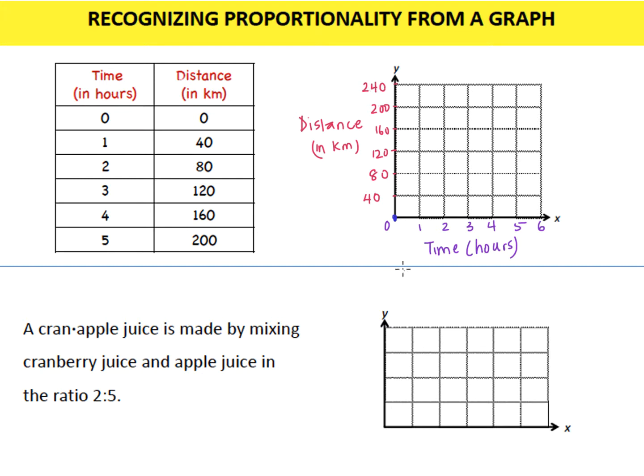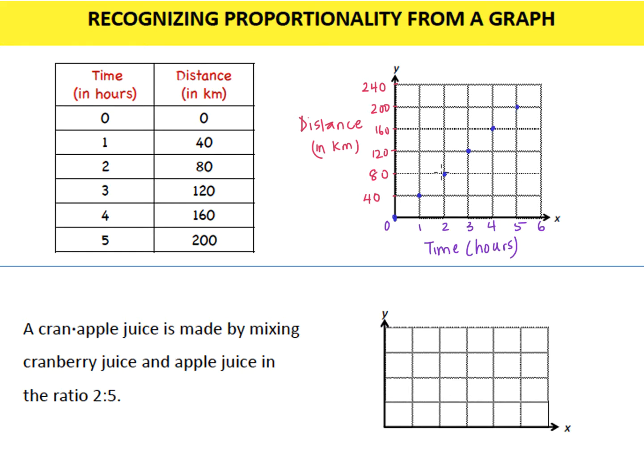So we have 0, 0, and then for 1 hour we go a distance of 40 kilometers, and for 2 hours it is 80 kilometers, and 3 hours it's 120 kilometers, and so on and so forth.